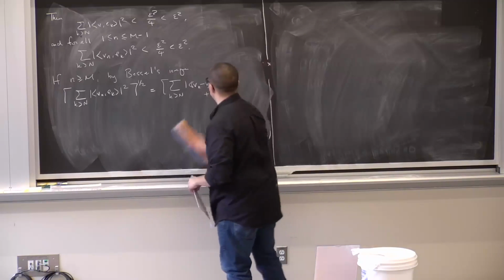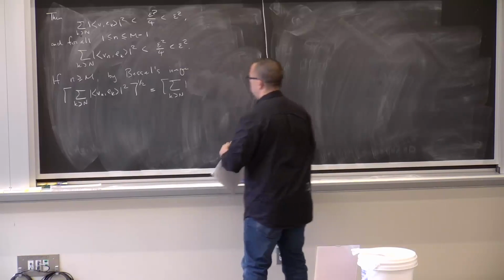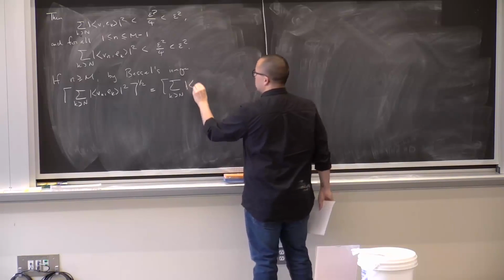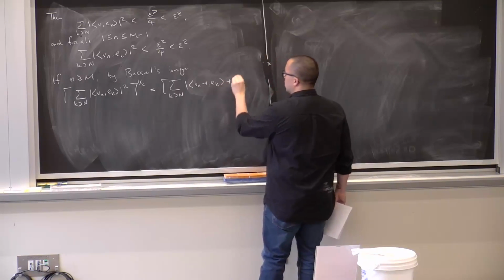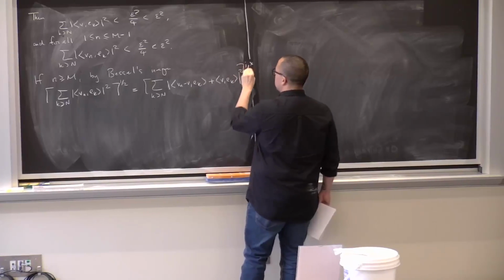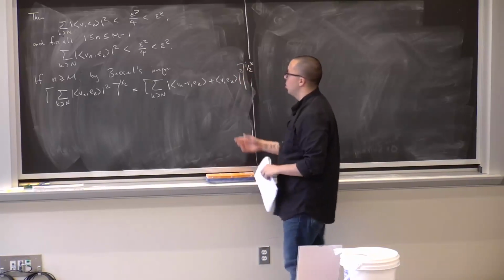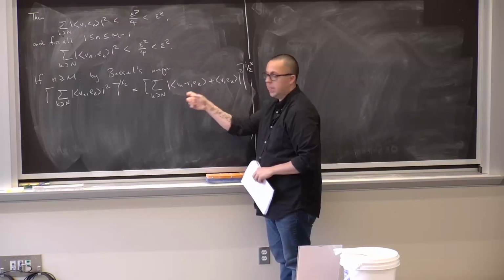So let's write it this way. Now this is the little L2 norm of a sum of two sequences in K.